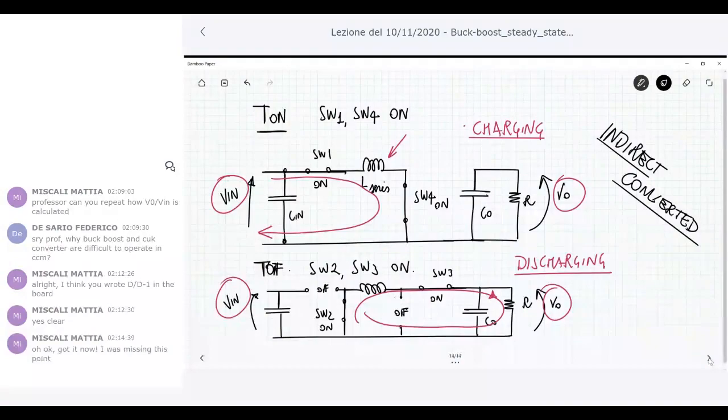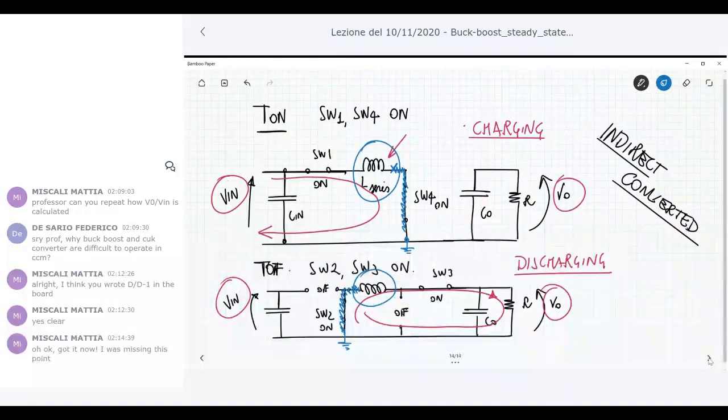Another thing that we can learn looking at these circuits is the following one. Look at the inductance L series during the charging phase. During the charging phase, the right terminal of this inductance is connected to the reference. Okay? Look at the discharging phase. The same inductor now has the left terminal connected to the reference.